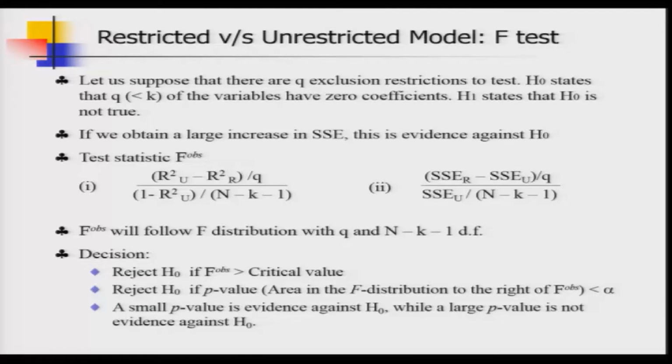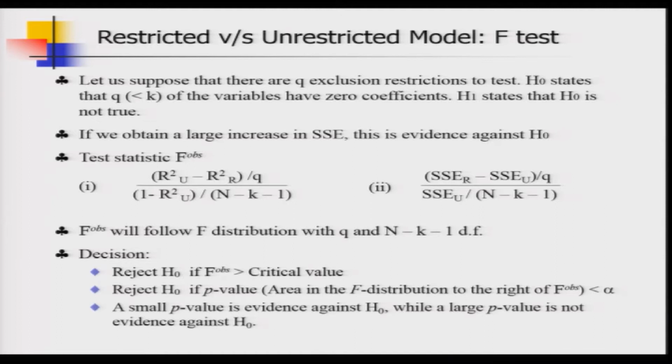Then you set your alpha, and this is the way you are going to make your decision. It is not new to you, we have done the F test previously. You compare the value of the calculated test statistic, which is F observed, and if it is greater than the critical value that you find from the F table for the degrees of freedom and the level of significance, then you reject the null hypothesis.